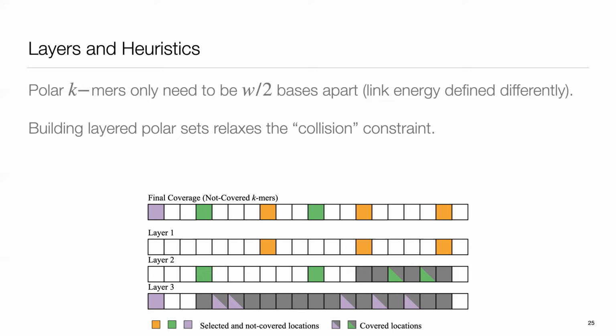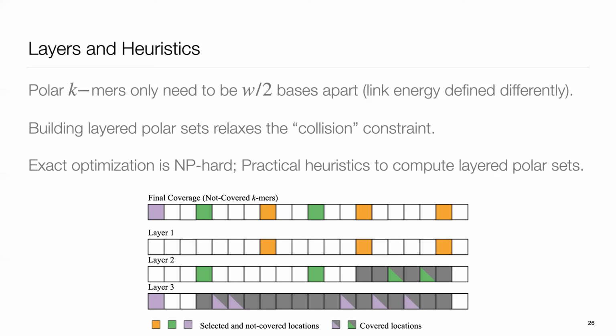So this further relaxes our design space and allows us to build more efficient polar sets. And finally, finding the optimal polar sets, or the optimal layers of polar sets, are NP-hard problems, as we prove in the paper. As a result, we build some practical heuristics to compute both single layer and multiple layer polar sets.